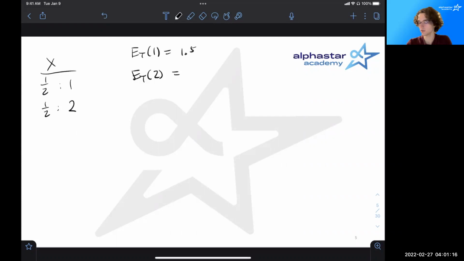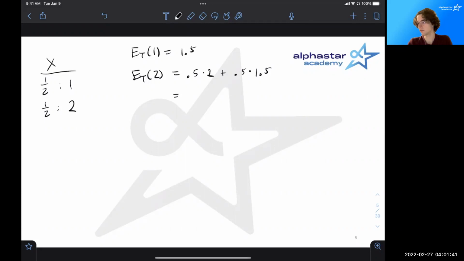E of T of 2 equals the probability you get something greater than 1.5, which is 0.5, times the expected value if you were greater, which is 2, plus 1 minus 0.5 is 0.5 times the overall expected value, 1.5.